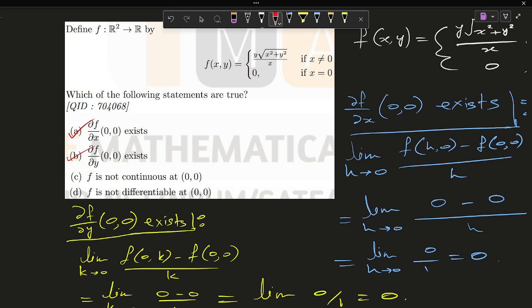This option is correct and will also be true. Hope you understood this question. All the options are correct. Thank you, guys.